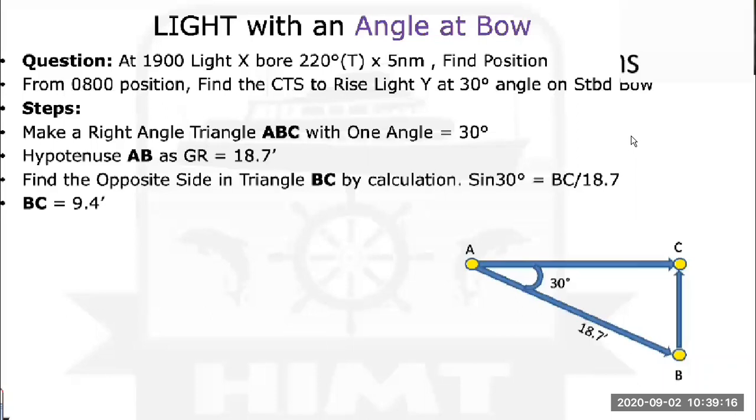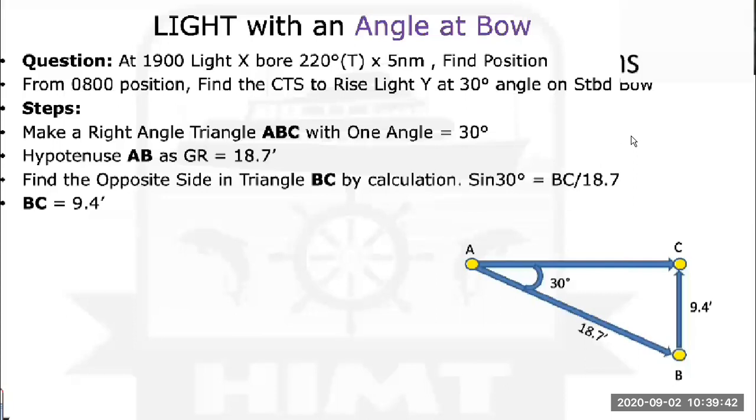So all it is trying to say is, if the vessel sails a course of AC exactly at A, which is 18.7 miles away from B, the angle between AC and AB will be 30 degrees on the starboard. So in that case, what is the opposite side? Opposite side is measuring 9.4.